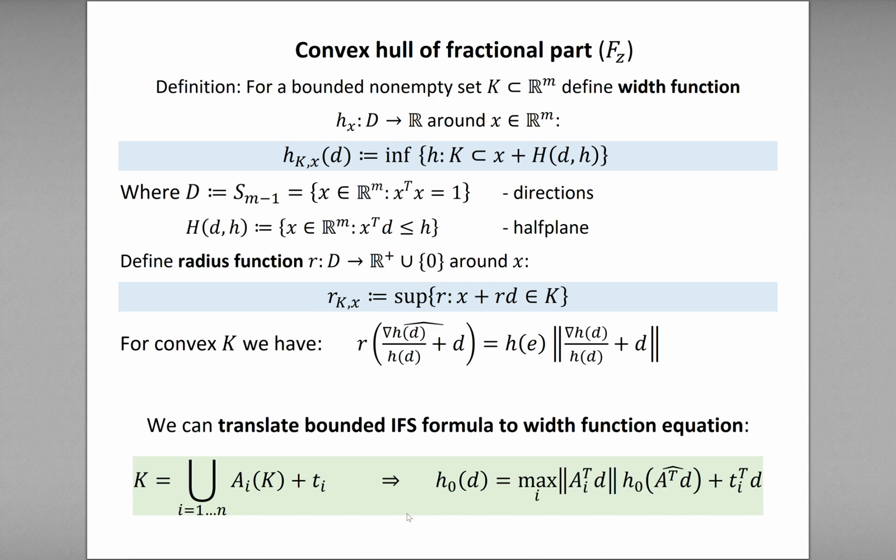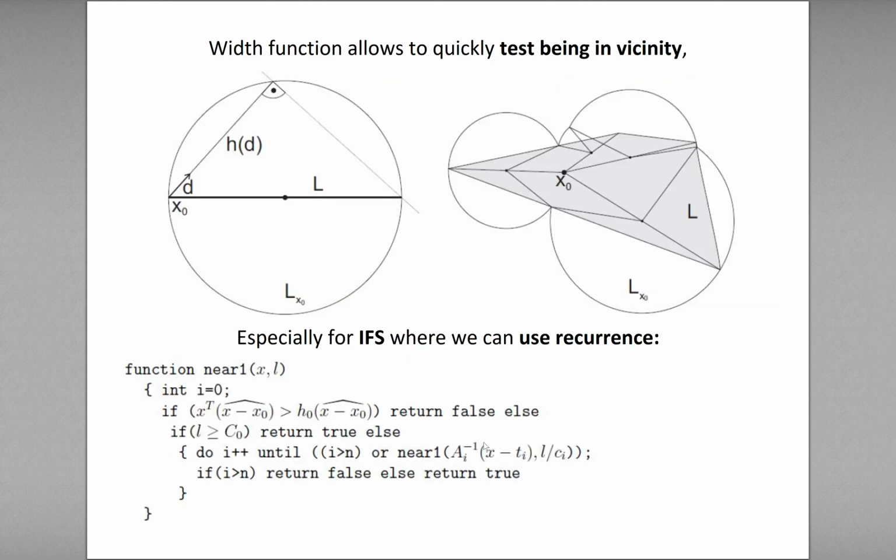We get this kind of relatively simple formula, which allows us to get the convex hull function, and find its area, its circumference, and also approximate. So, for example, we can get this function which says if a given point is at distance L from the fractal.